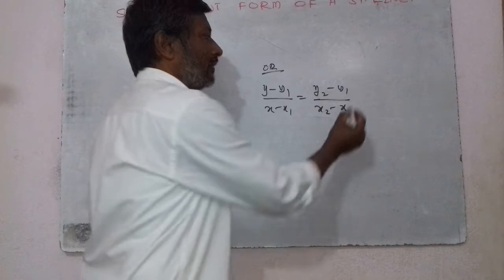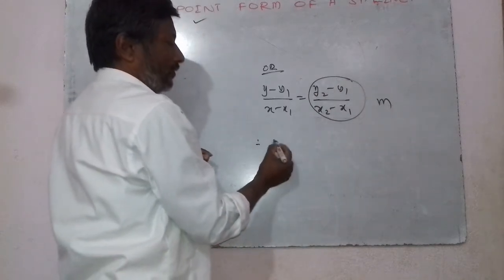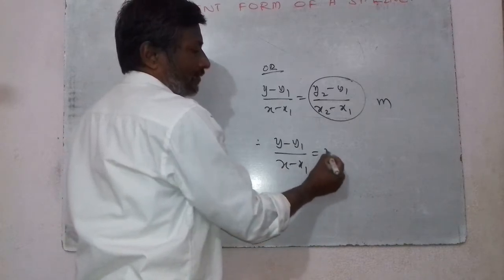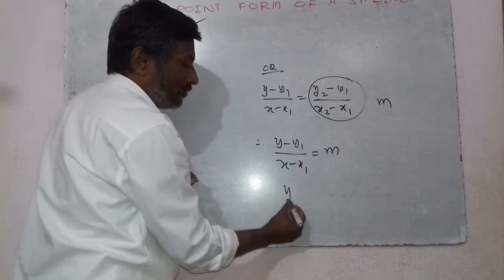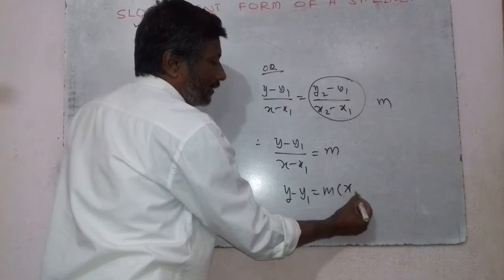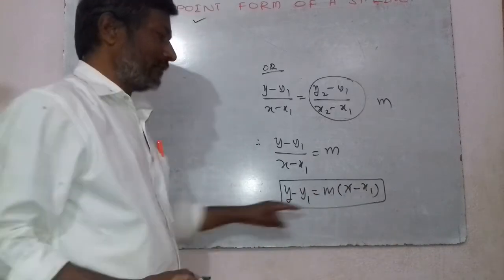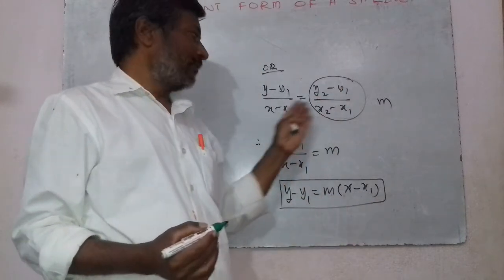So this is nothing but the slope. So therefore y minus y1 divided by x minus x1 is equal to m. Cross multiply these two: y minus y1 equals m into bracket x minus x1. So this is the equation of the line.